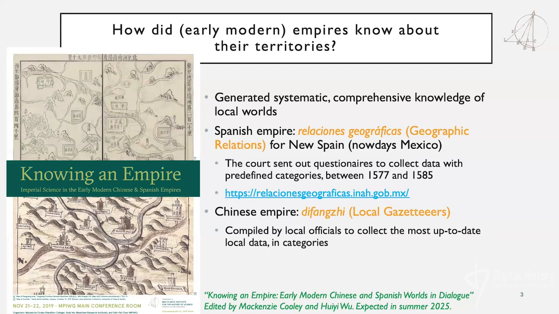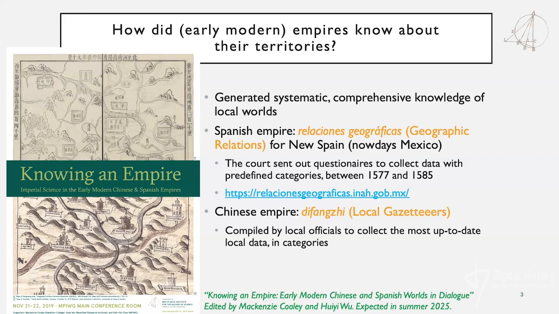And how did these empires know all about their territories, every local region? A few years ago in 2019, we had a workshop called Knowing an Empire, and that brought two empire studies together. One is about the Spanish Empire, and the other is Chinese.